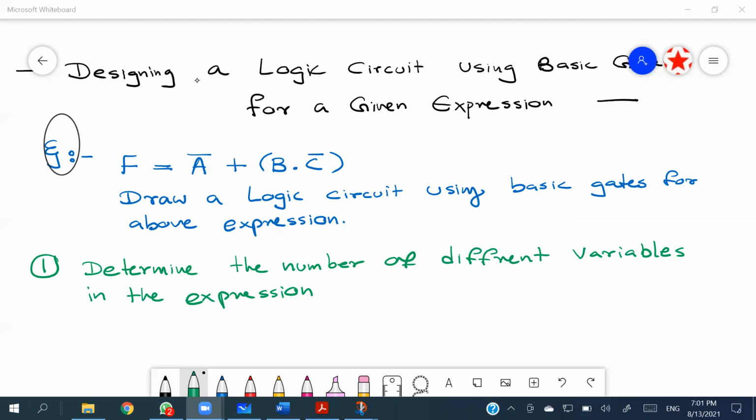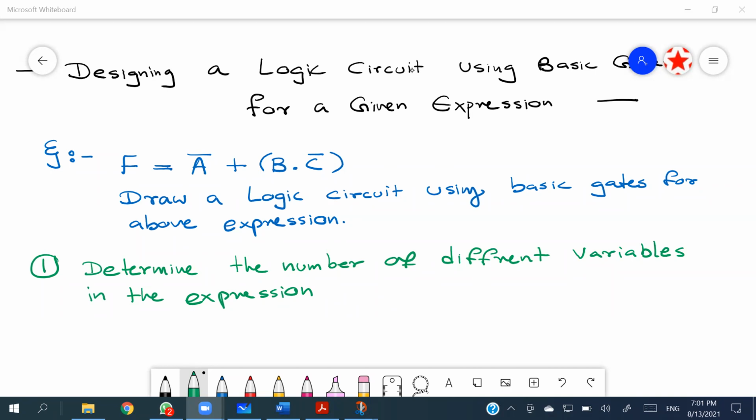That is the example. So determine the number of different variables in the expression. What this means is you need to recognize what are the different letters that you can find in your expression. Variables. So how many different variables are there?